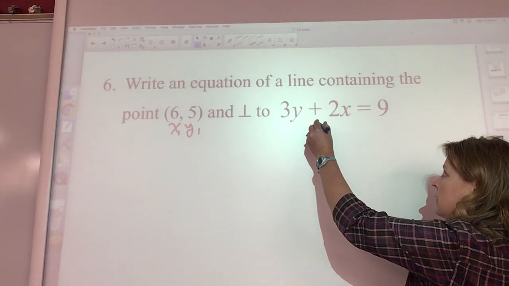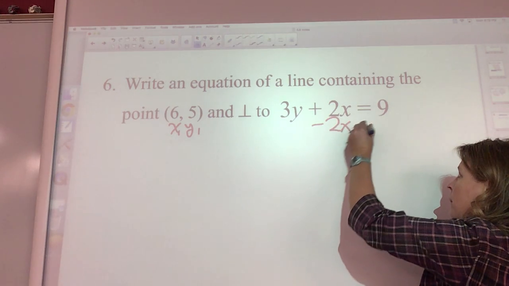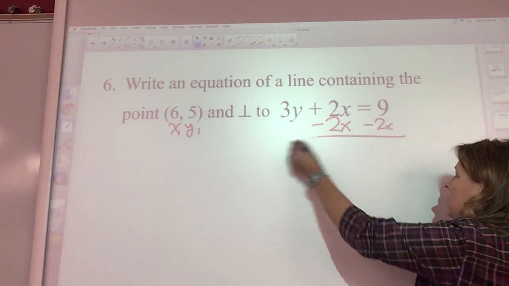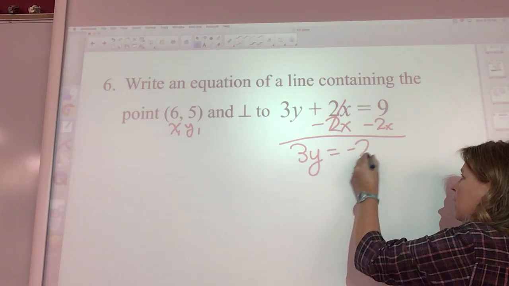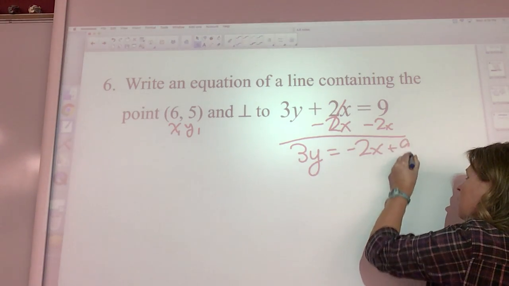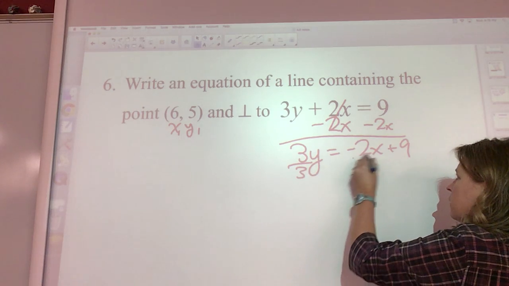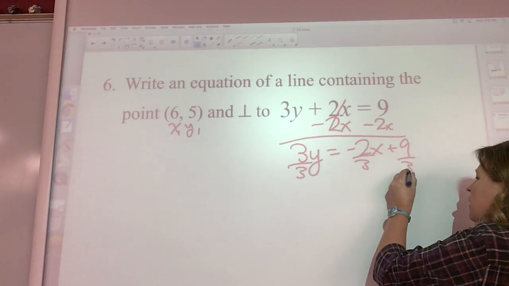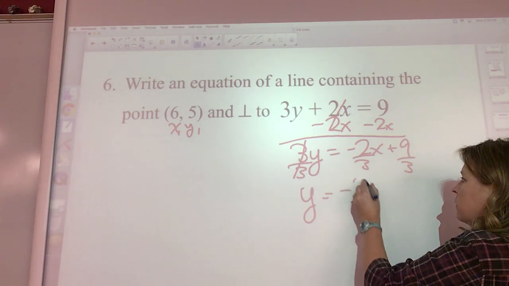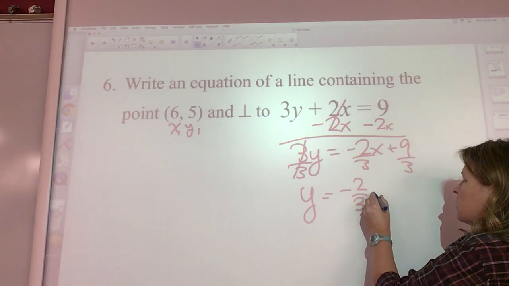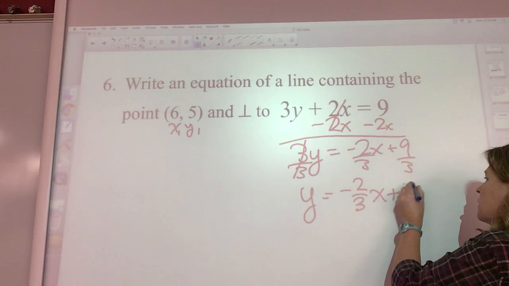We're going to get this in slope-intercept form. Minus 2x to both sides. 3y equals -2x plus 9. Divide by 3, divide by 3, divide by 3. Y equals -2/3 x plus 3.